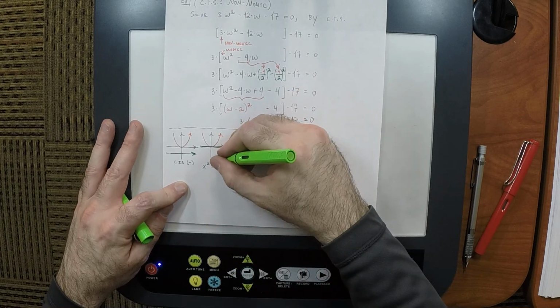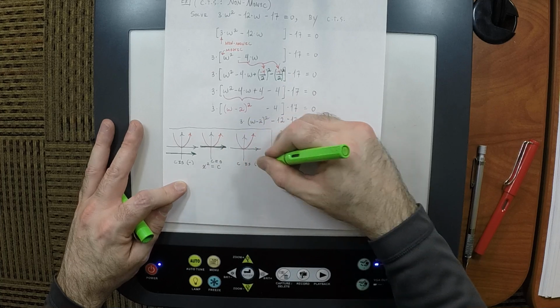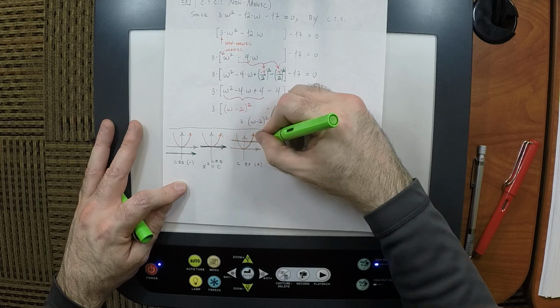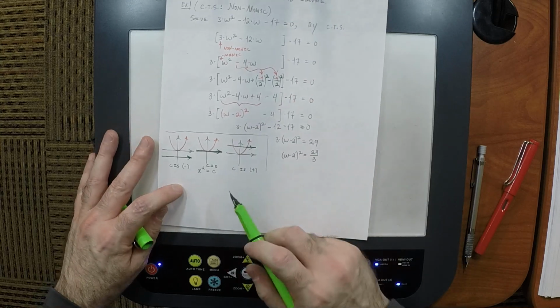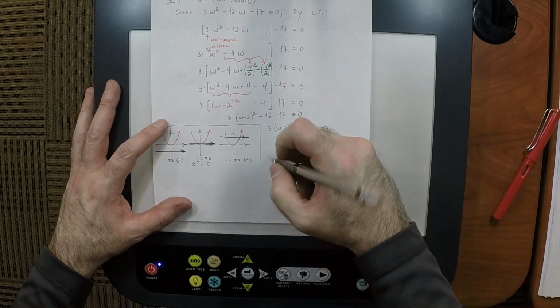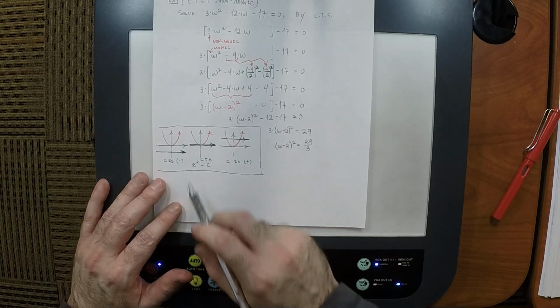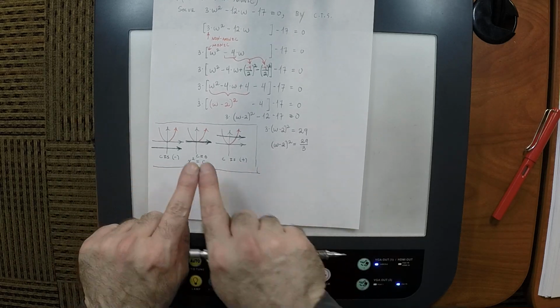And for this one c is positive, so something like this. Now there's 2 solutions. So in the question we're working on, which category did we land in of these 3?